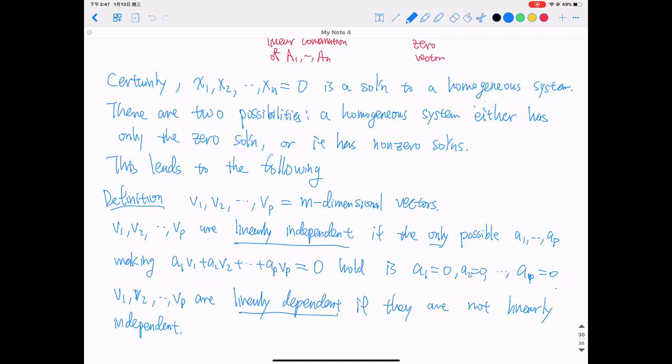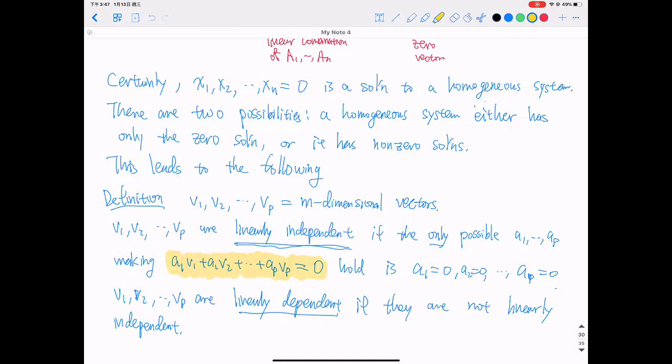So again, what are we doing here? We introduce the concept of linear independence or linear dependence. It's a concept applied to a collection of vectors, say V1 through Vp. To decide whether they are linearly independent or not, you consider linear combinations of V1 through Vp and ask when a linear combination of these vectors can equal the zero vector.